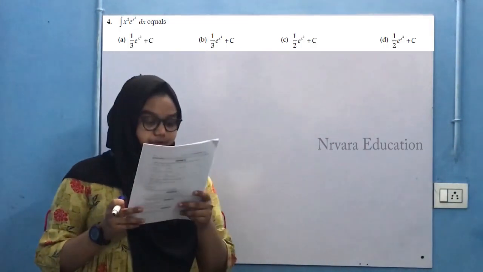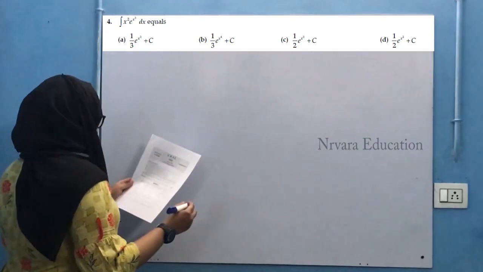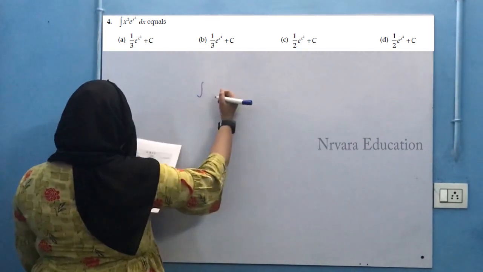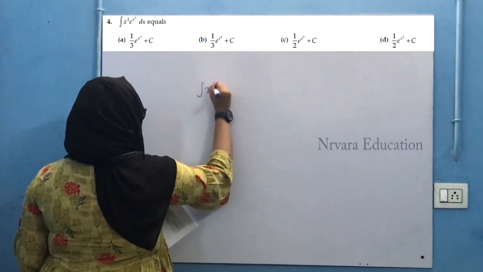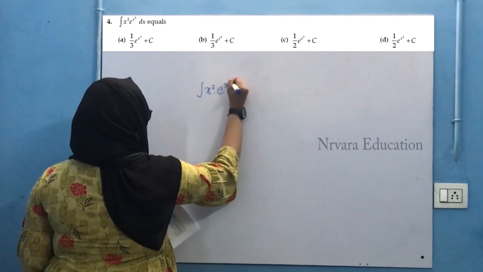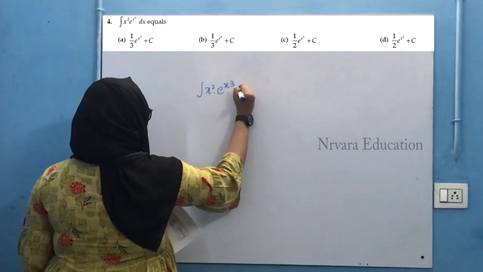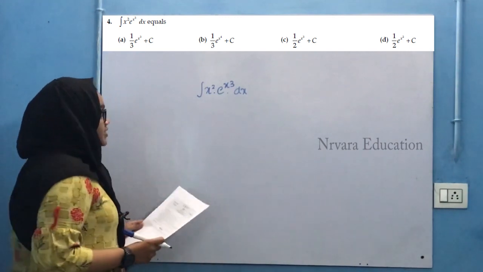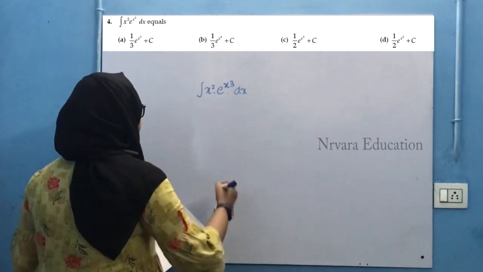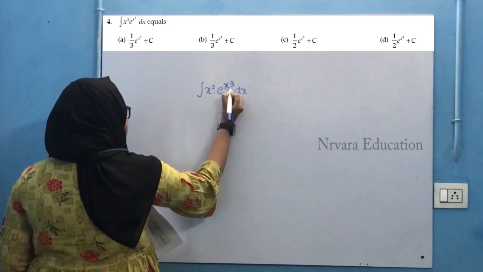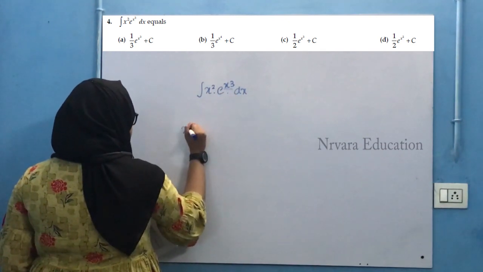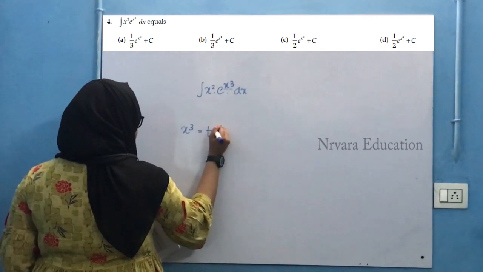Moving on to the fourth question. They've asked us to find the integral of x squared into e raised to x cubed. Now one way to solve this is by the method of substitution. We'll substitute for x cubed. Let's say x cubed equals t.